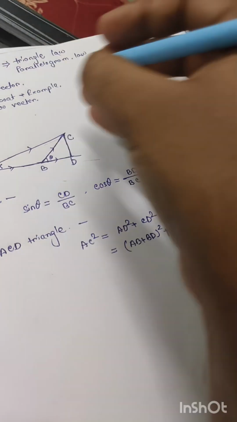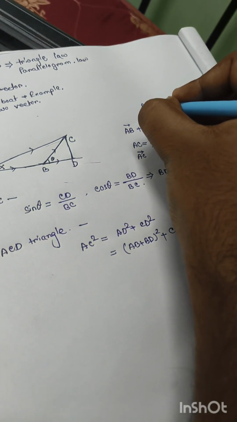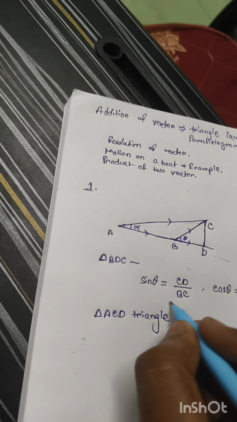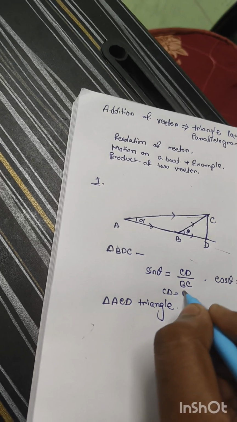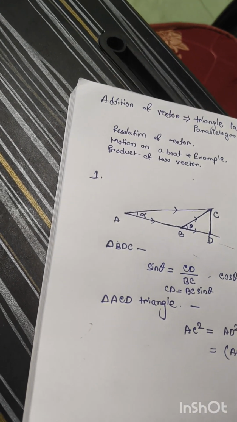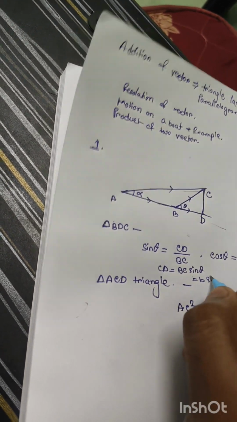Now for simple calculation, we take AB equal to A, then BC equal to B. Here CD means BC sin theta, it means B sin theta, and BD means B cos theta.